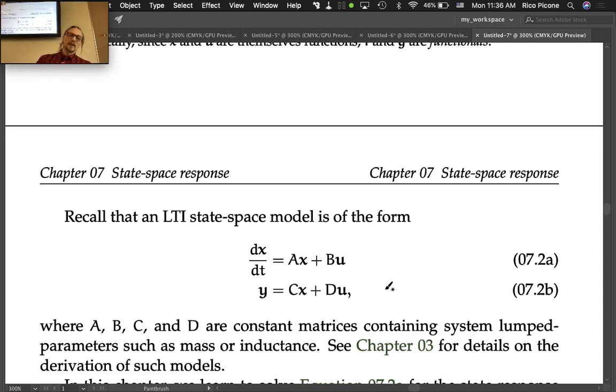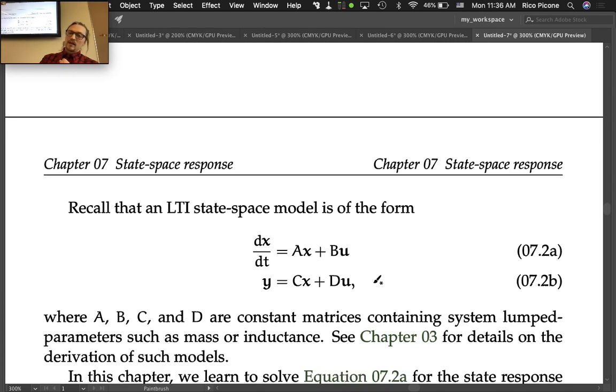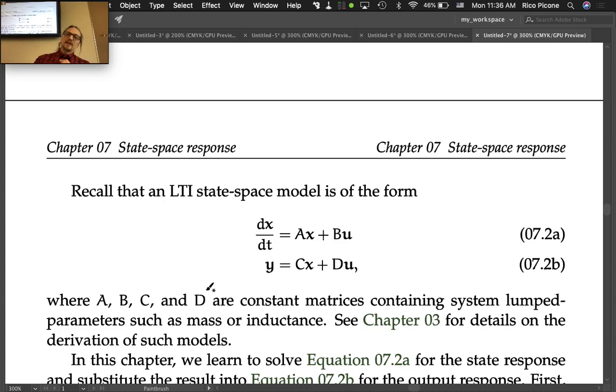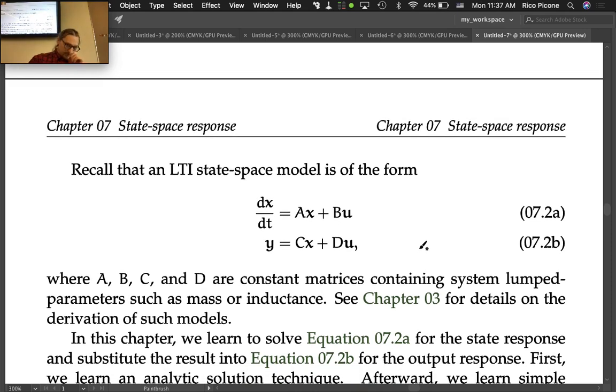So recall that an LTI state-space model is of the form, this nice linear time-invariant expression of the state model: dx/dt equals some matrix A times the state vector x plus B times the input vector u, and the output is, again, an algebraic combination of the state and input vectors.